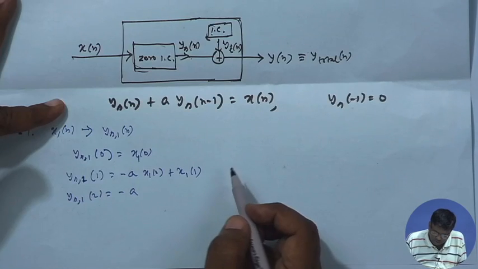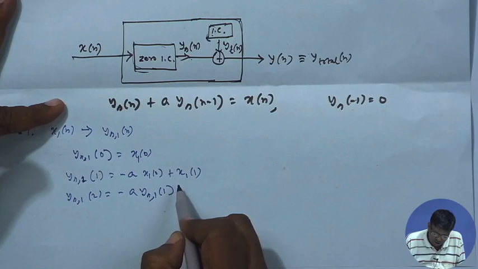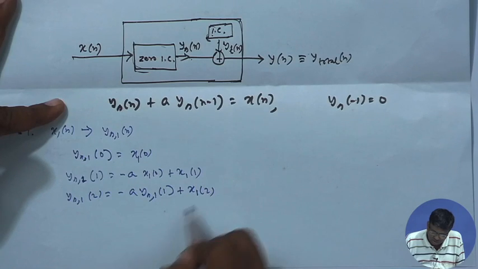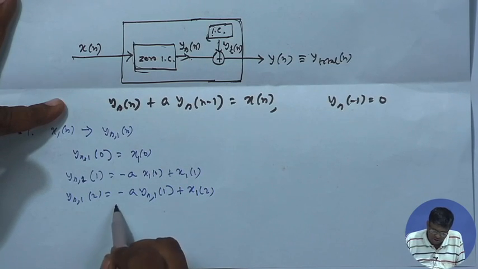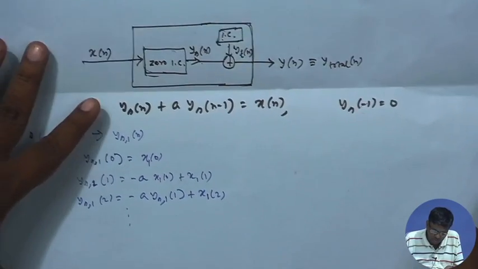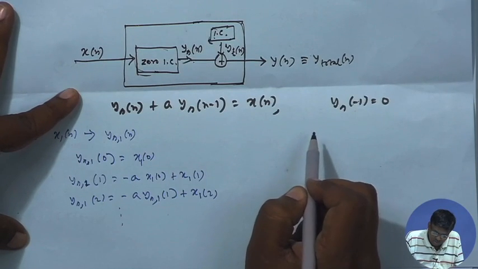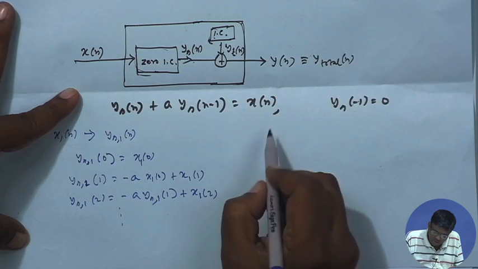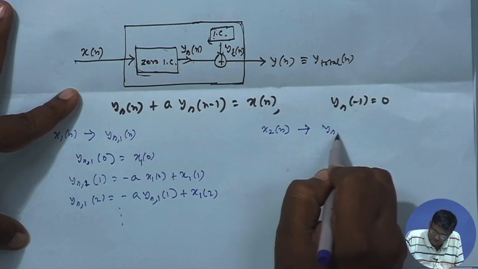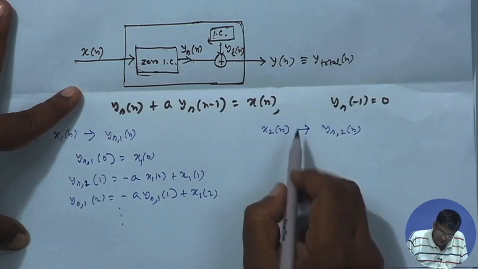Then y_s1[2] will be minus a y_s1[1] plus x_1[2], and so on. Similarly, if you give x_2[n] we get y_s2[n], in the same manner for another input.